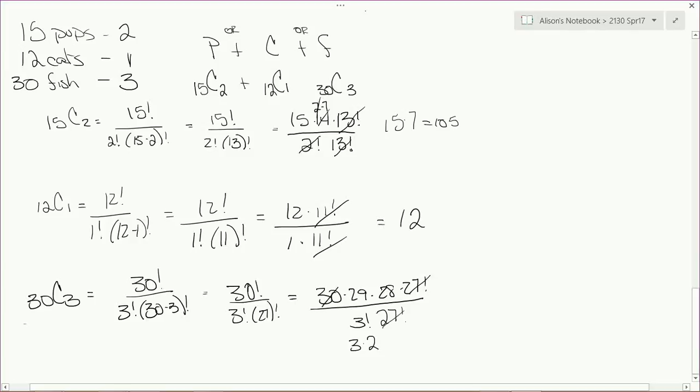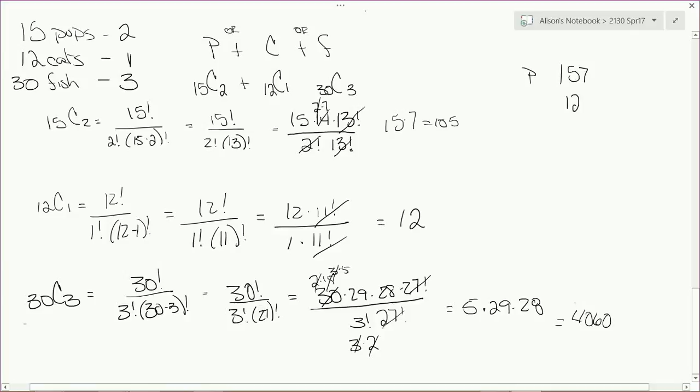I'm pretty sure that this is 2 times 15, which means that I could take out the 2's. I'm sure that 15 is actually 3 times 5, which means that I could take out the 3. So ultimately I have 5 times 29 times 28, which is equivalent to 4,060.